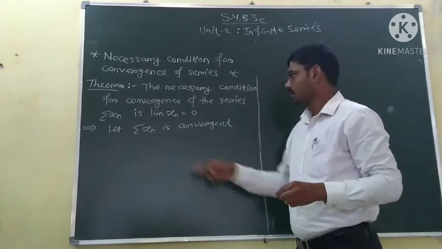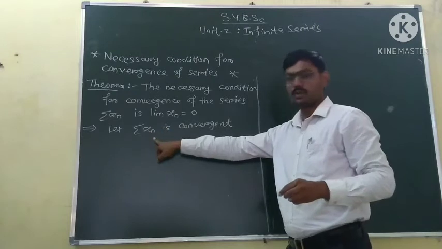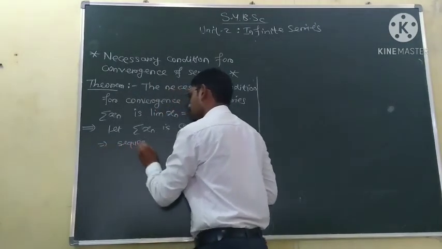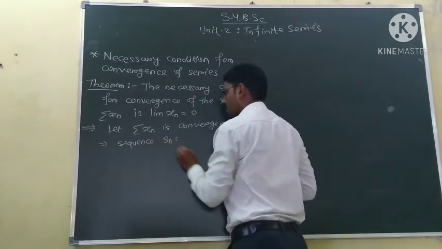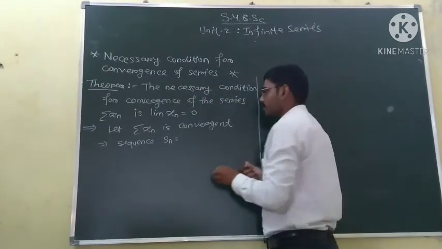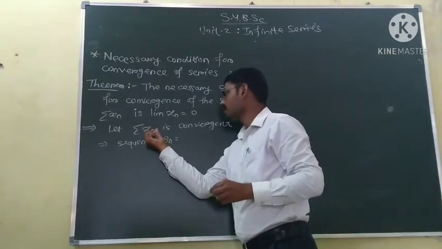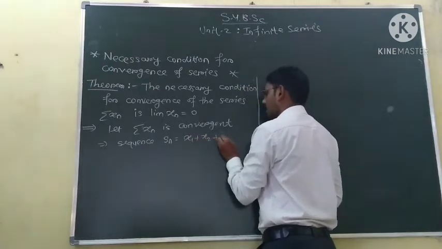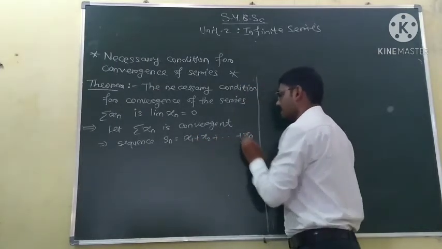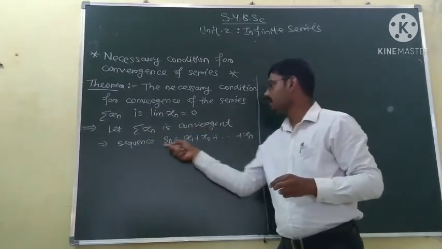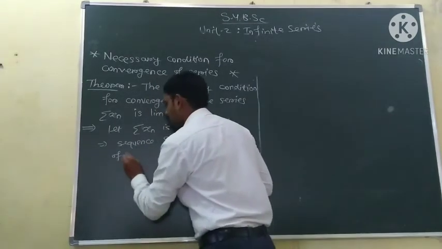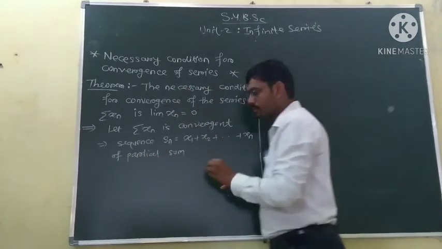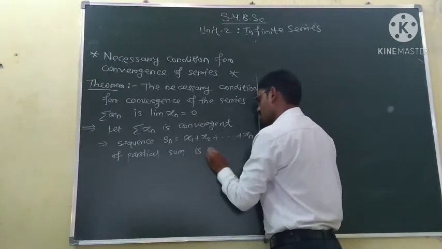Then we know the criterion that if the series is convergent, then the sequence Sn of partial sums, which is nothing but the sum of the first n terms of the series, equal to x1 plus x2 plus x3 up to xn, is convergent.